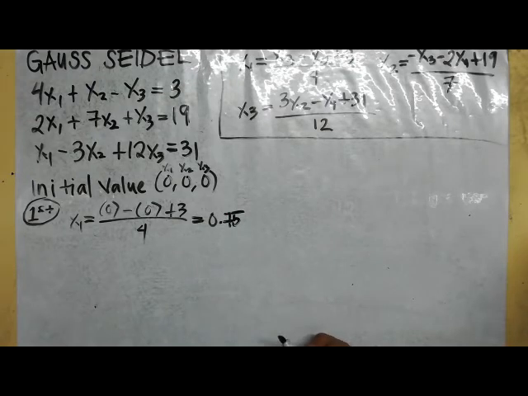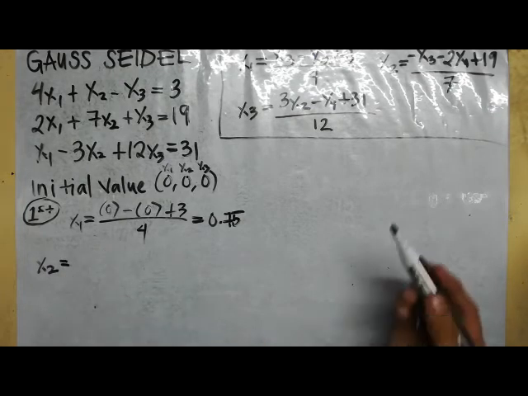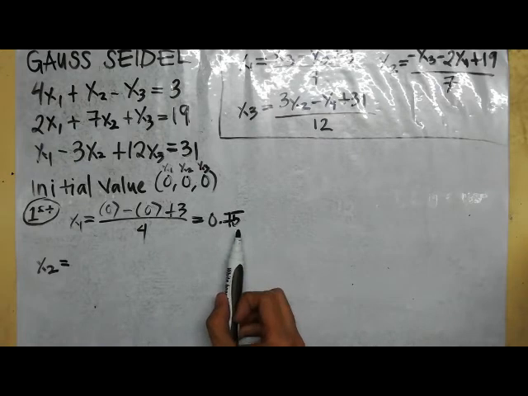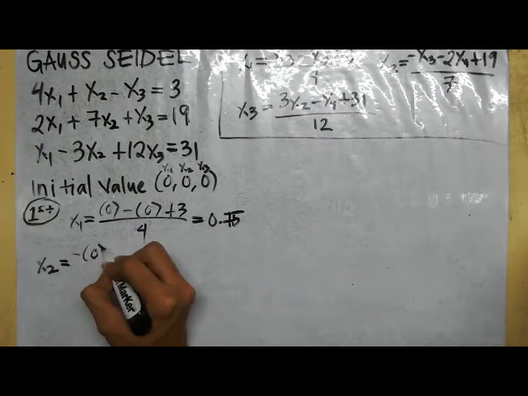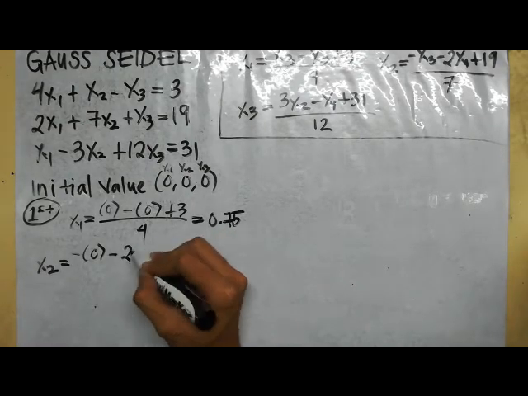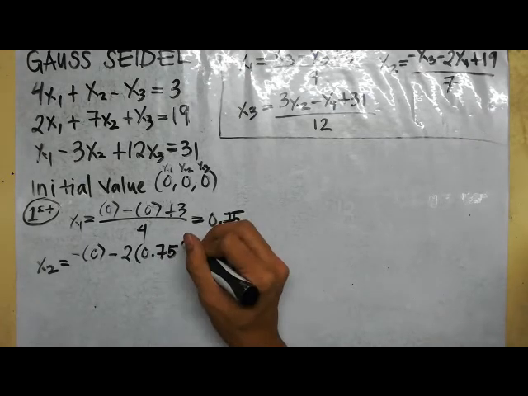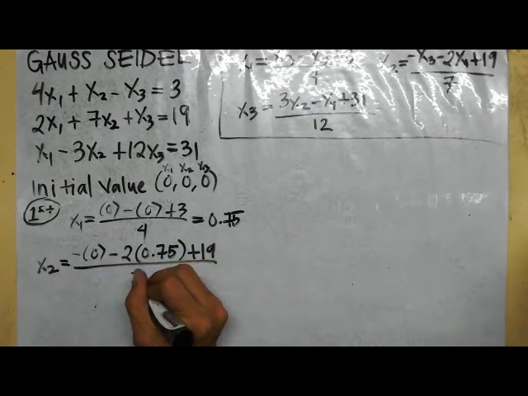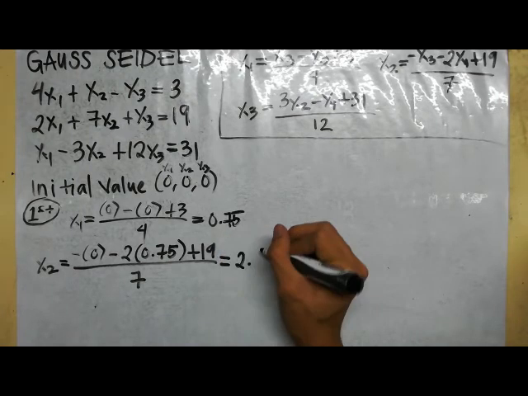Next, for our x sub 2, since we have our value for x sub 1, we will substitute it. So we have negative 0 minus 2 multiplied by 0.75 plus 19 over 7. So we will get 2.5.